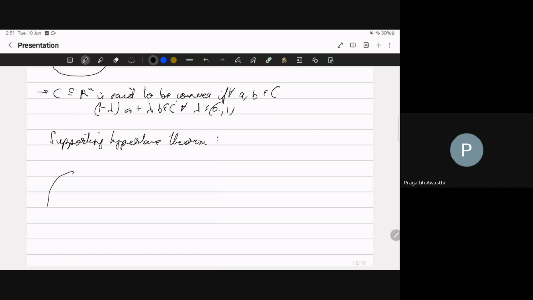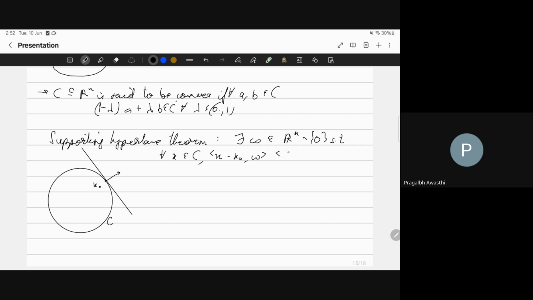If you have a convex set C in Rn, and there is a point, say x naught, which is a boundary point, then the theorem says that there exists a non-zero vector w in Rn such that for all x belonging to C, the inner product of x minus x naught with w is less than 0.